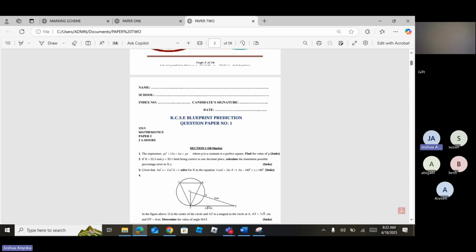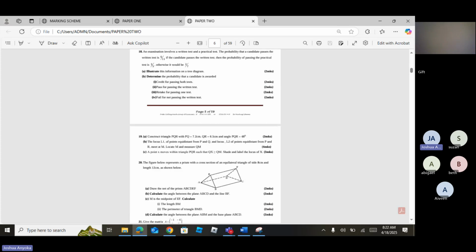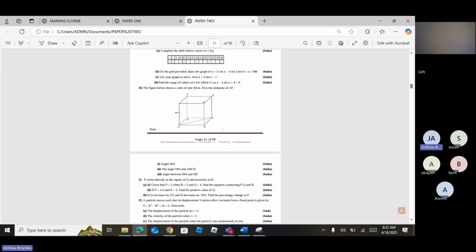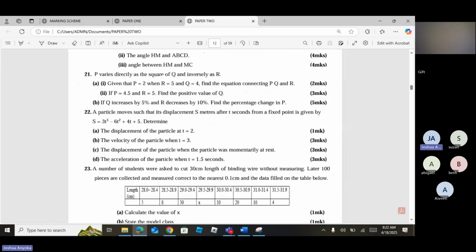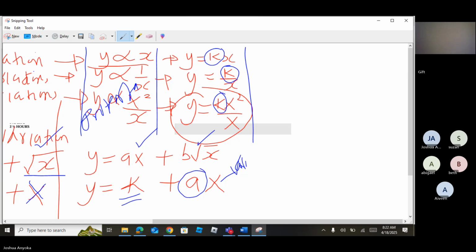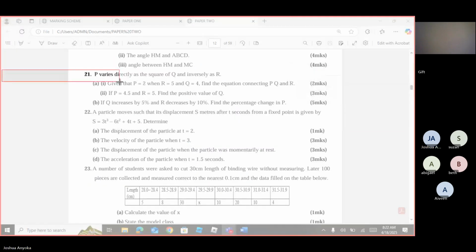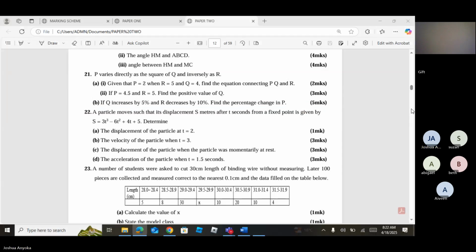Let us see how it will behave. Yes, it's a good equation. Let us pick this one. Question 21. Good.